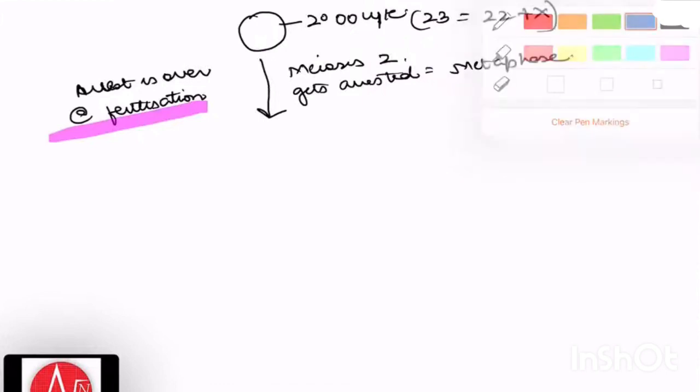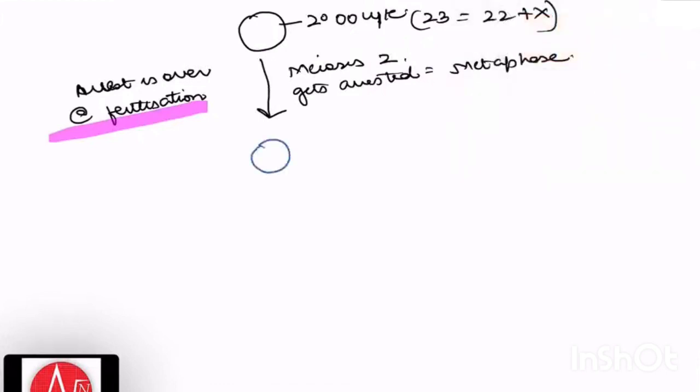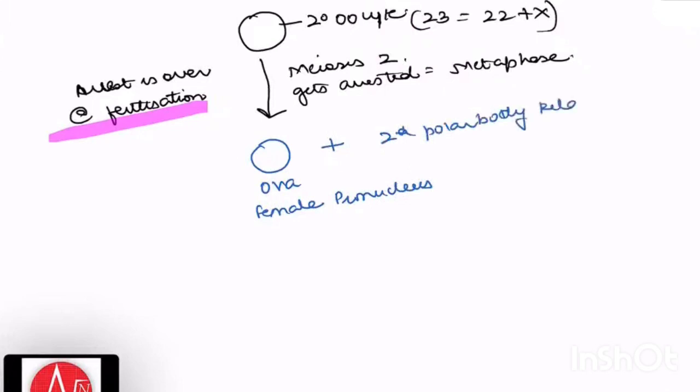And once this arrest is over, the ova is released, which is called the female pronucleus, and the second polar body is released.